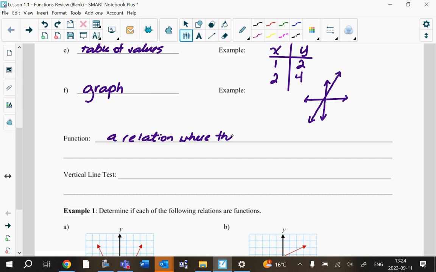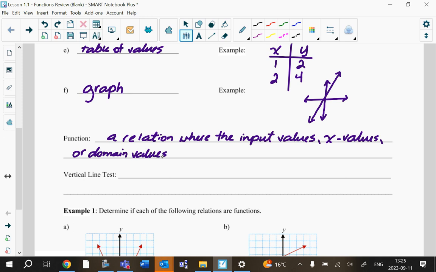where the input values, or x values, or domain values, those three all mean the same thing.